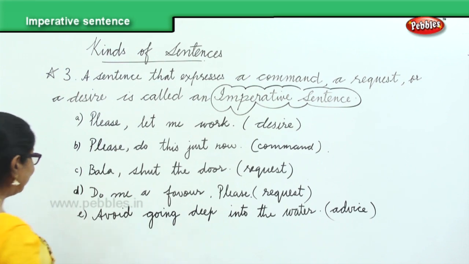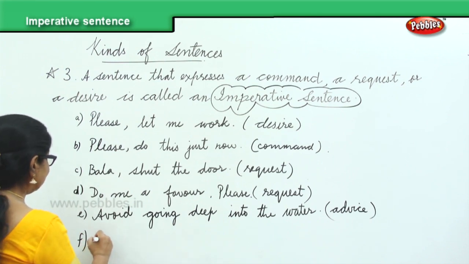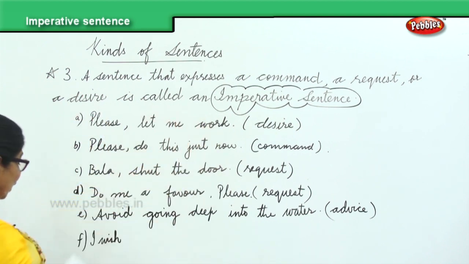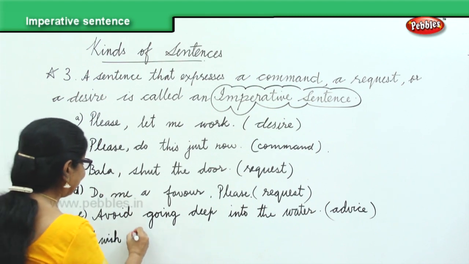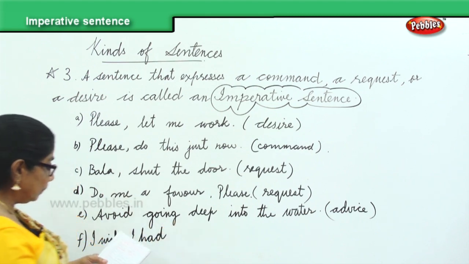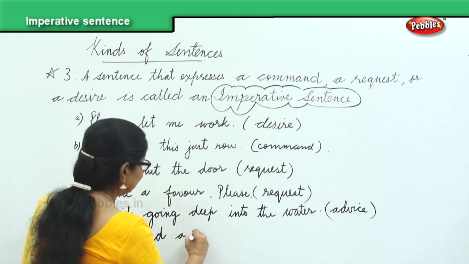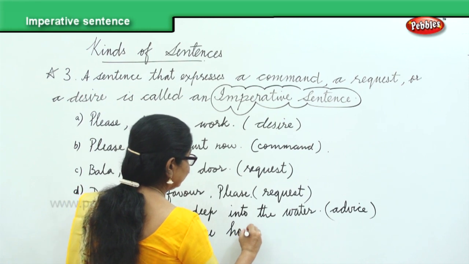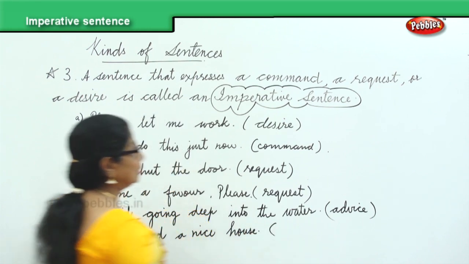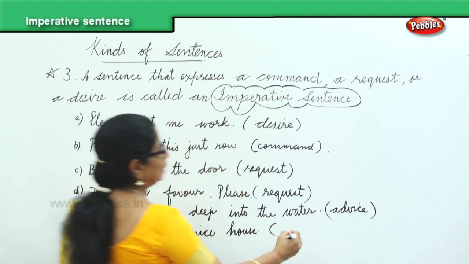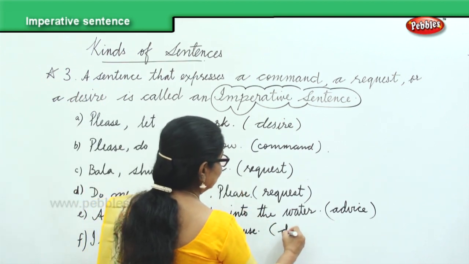Now, I wish. There's another sentence. I wish I had a nice house. You're wishing. So when you wish, that's called a desire. It can be a wish or a desire, whatever.